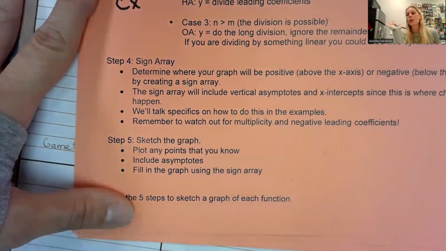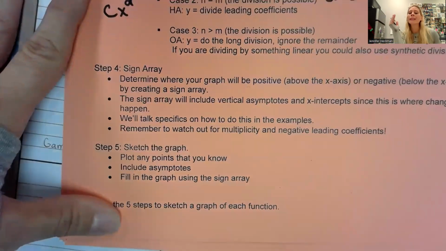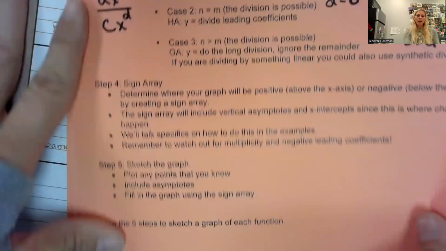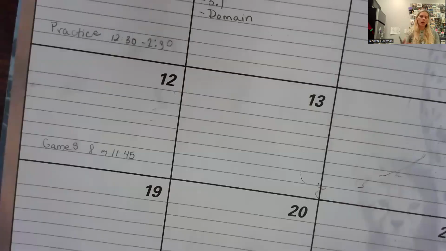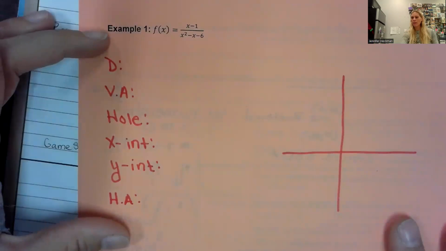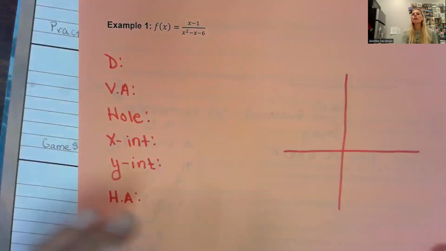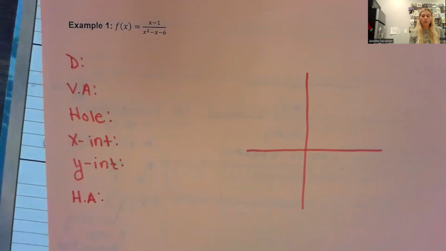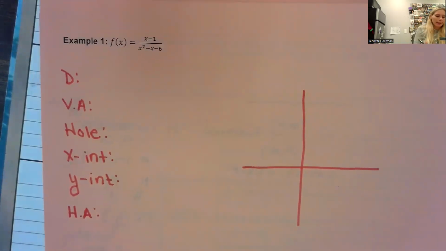I think you are so smart that you'll be able to do this logically. And then we're going to sketch our graph, okay? So let's do an example now. I usually write down all of my things that I want to find first, and then I graph. So if you want to pause the video to write that down, go right ahead. I'm going to start right into this example.